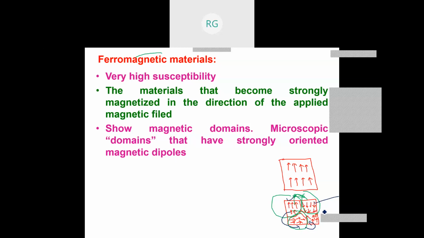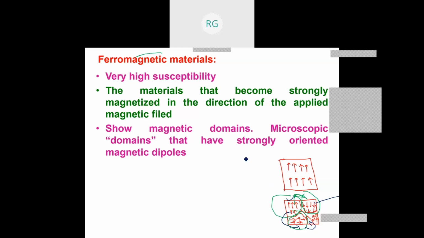And similarly, all of these randomly distributed zones, called domains, will cancel the net effect of magnetic moment, and thereby iron at room temperature is not a magnet, like nickel and cobalt also. That means the small regions within which the dipoles are oriented in the same direction are called domains.